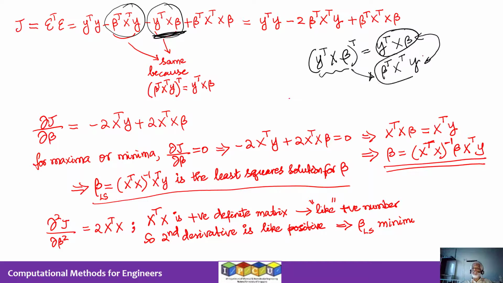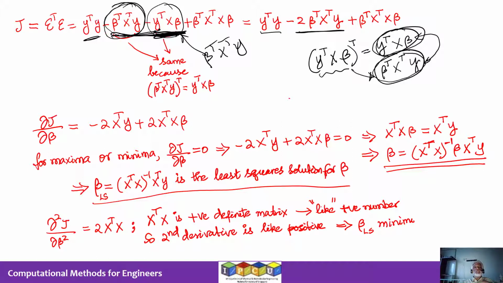This and this are the same. So wherever I see y transpose x beta, I can replace it with its transpose, which is beta transpose x transpose y. So this term can be replaced by beta transpose x transpose y because they are the same. And therefore, instead of writing it as two terms that look different, I can write it as y transpose y, this term, minus 2 beta transpose x transpose y, because this is minus beta transpose x transpose y.